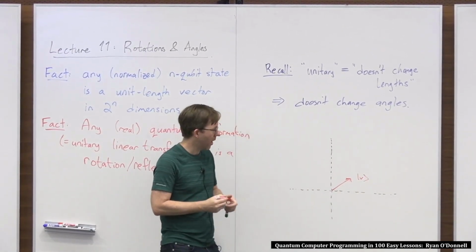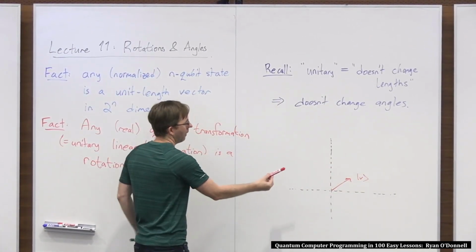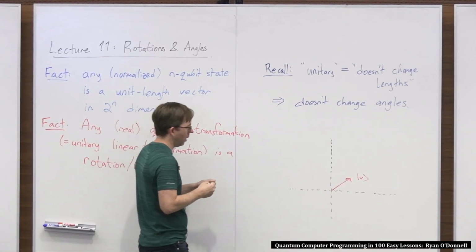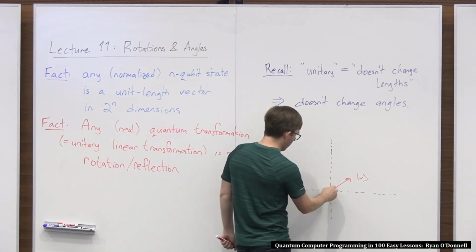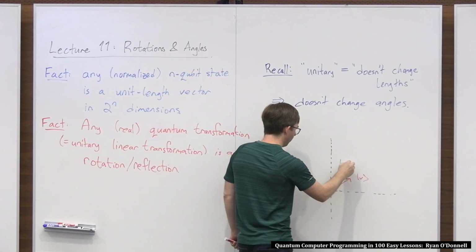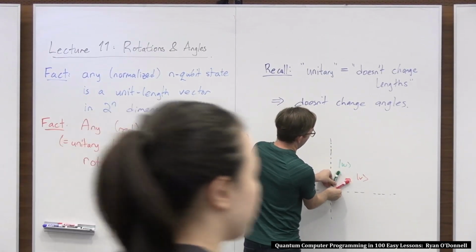Remember this notation from last time? It just means it's a column vector, and we decided to name it v. And let's say we have a second unit vector, which I'll call w. Ket w.